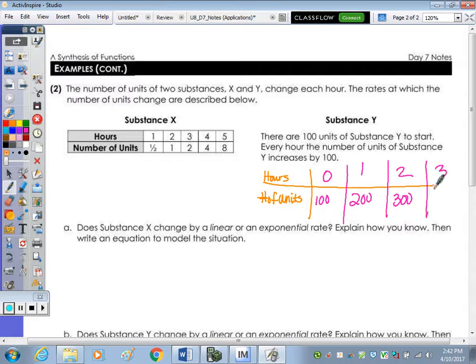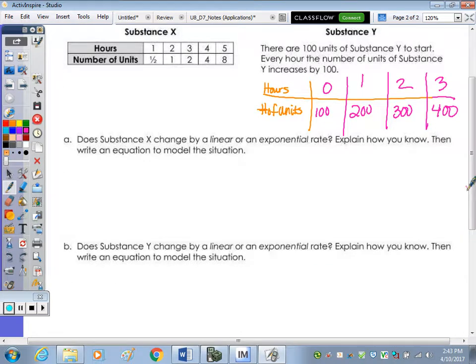And we could do one more. Okay, so now we have two tables. Part A, does substance X change by a linear or an exponential rate? Explain how you know. And part B, does substance Y change by a linear or exponential rate? Explain how you know. So which one, substance X or Y, is linear?